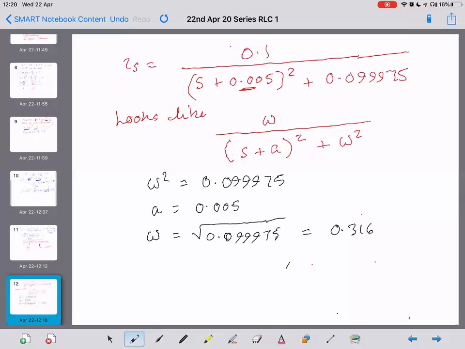What did you get omega as? 0.316. Square root of 0.09. I'm just wondering because that isn't what I got on here.